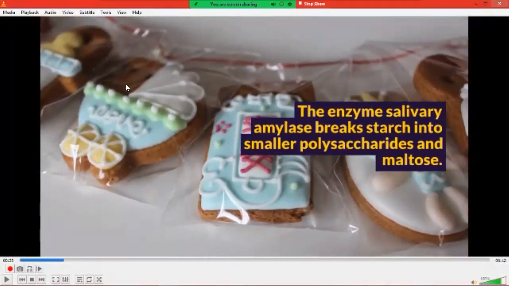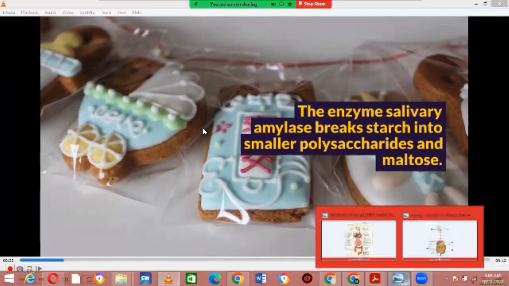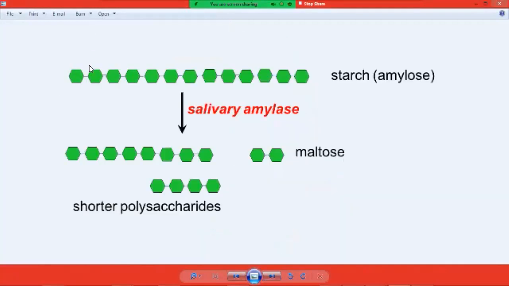Shorter chains are just shorter chains of polysaccharide and maltose. Let me show you this. Can you see this? This is a starch, amylose. Remember I said the straight chain starch is called what? Amylose. But the branched chain starch is called what?